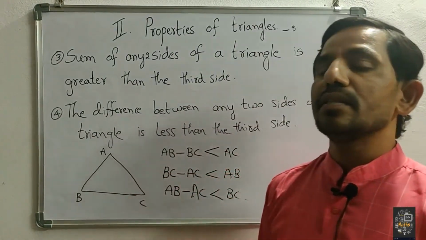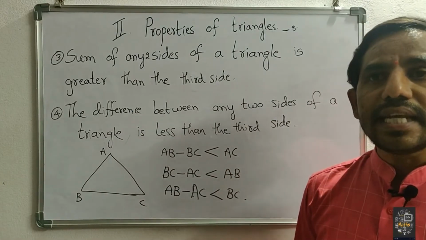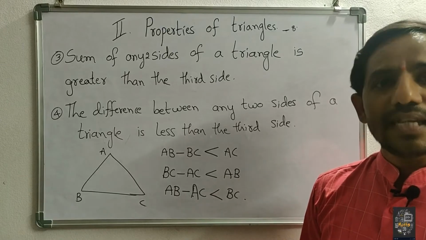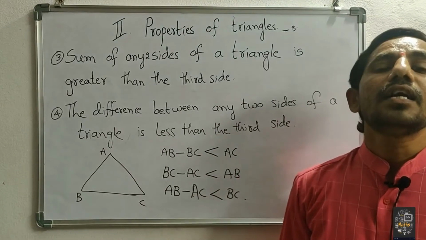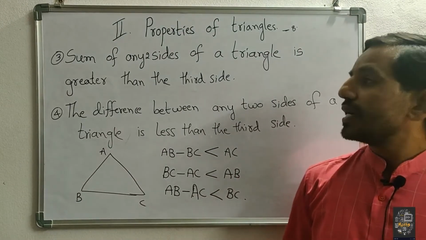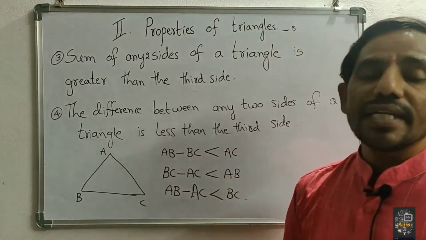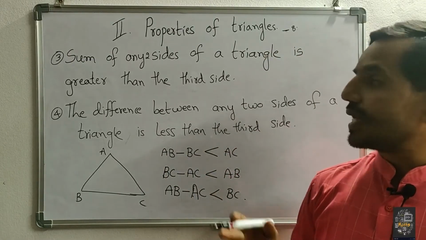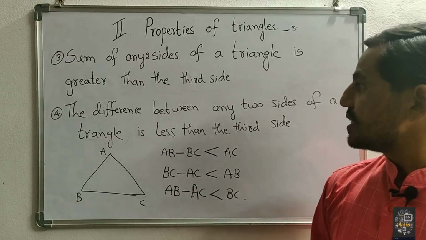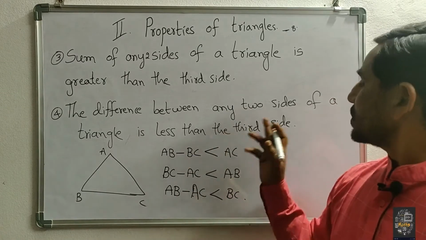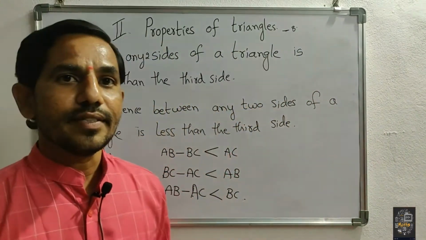Second condition is sum of any three exterior angles of a triangle is 360 degrees, or four right angles or two straight angles. And third condition, sum of any two sides of a triangle is greater than the third side. And fourth one is the difference between any two sides of a triangle is less than the third side.